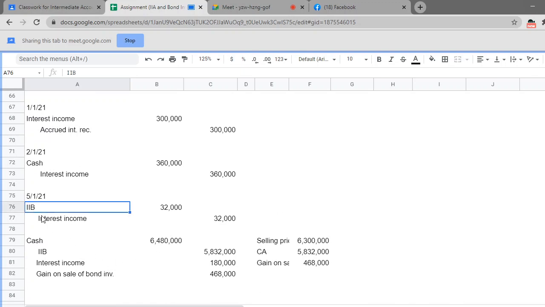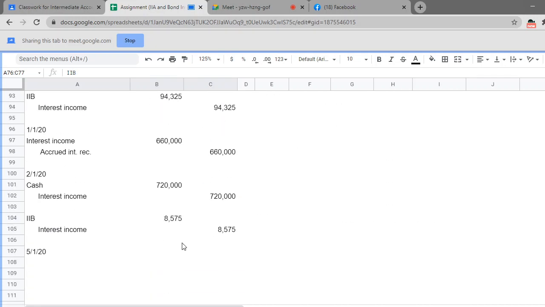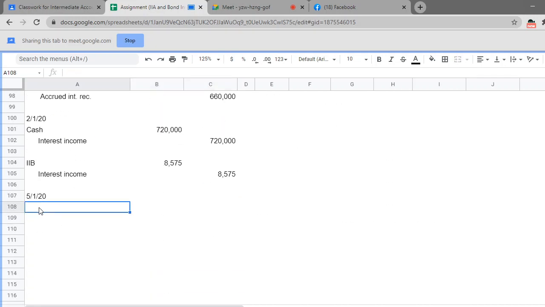Katong kay Manda Company. Before nato siya gibaligya, atong gi-update ang iyahang amortization using the straight line. This time, the same concept. Before ibaligya, i-update lang sa interest income. Now, how are we going to update this one?